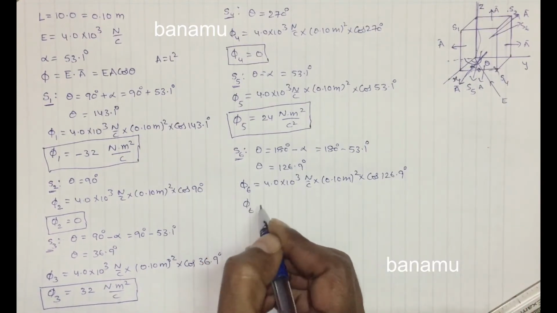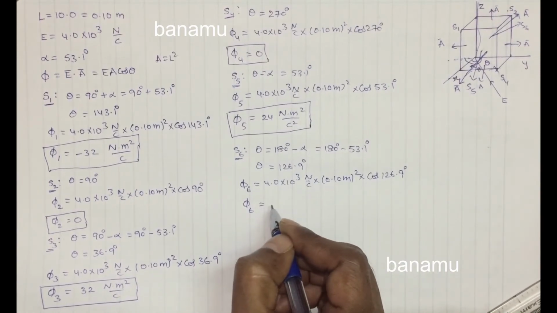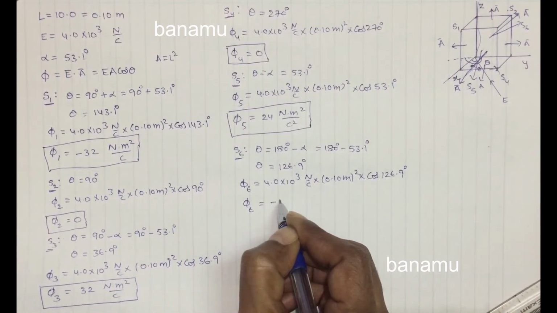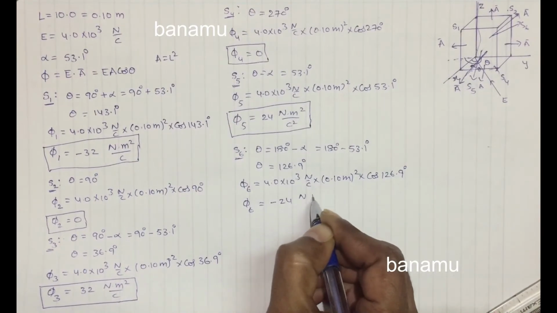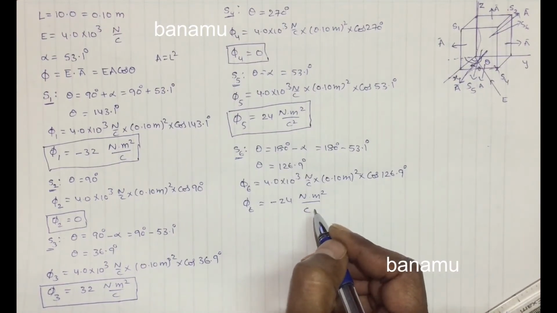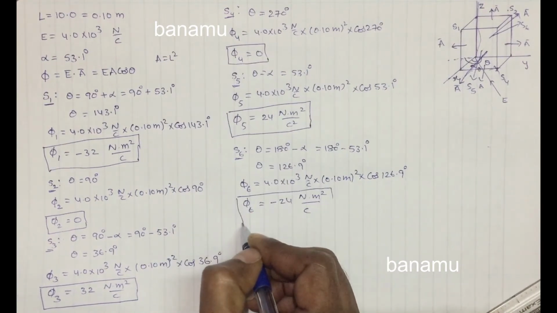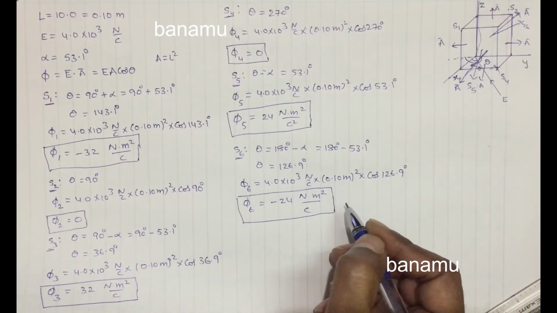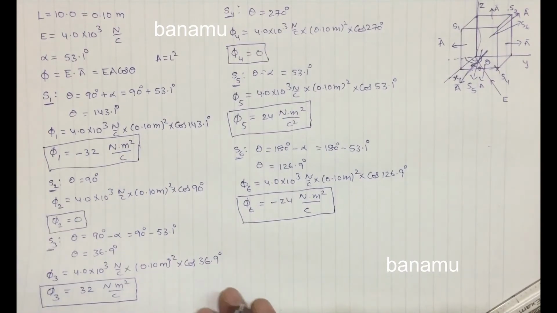So the electric flux at the surface S6 is minus 24 Newton meter squared per Coulomb. This is the electric flux at the surface S6, the back side of the cube.